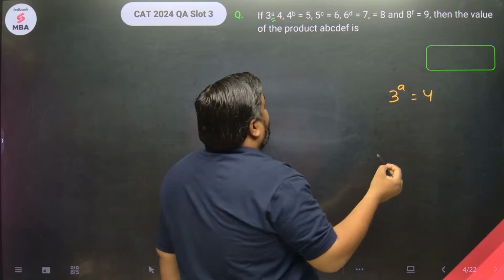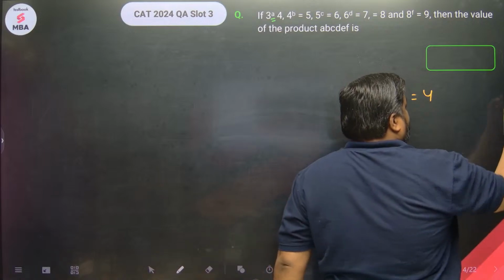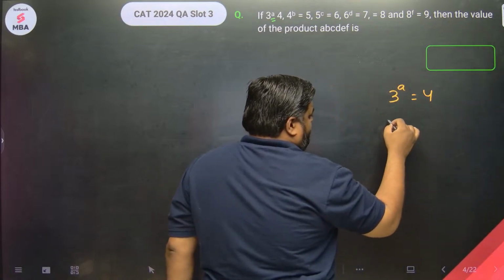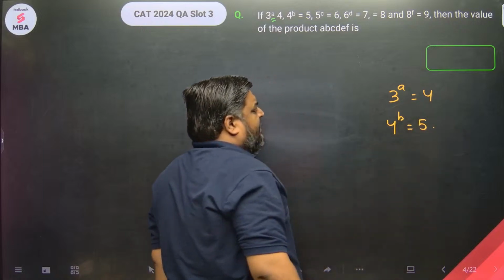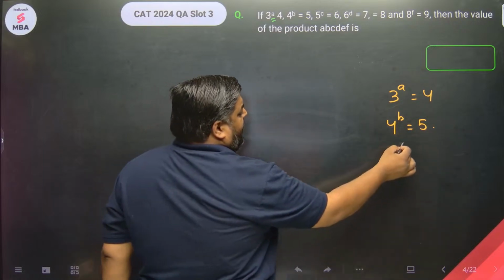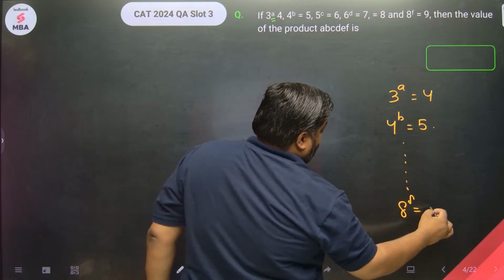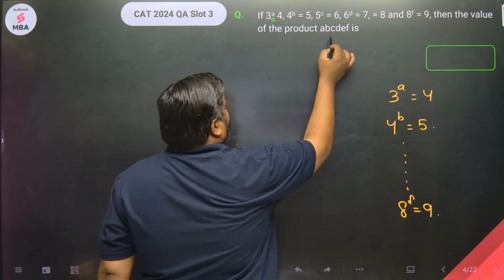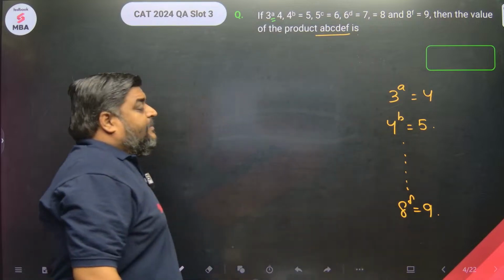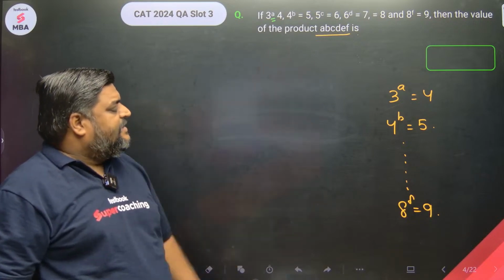Okay, and 4 raised to the power b is equal to 5, and so on till 8 raised to the power f is 9. And मुझे product पूछ रहे हैं. They are asking product of a, b, c, d, e, f.